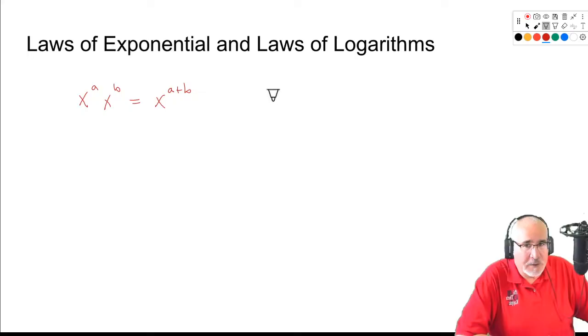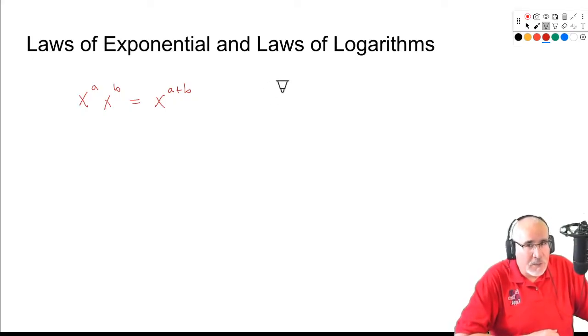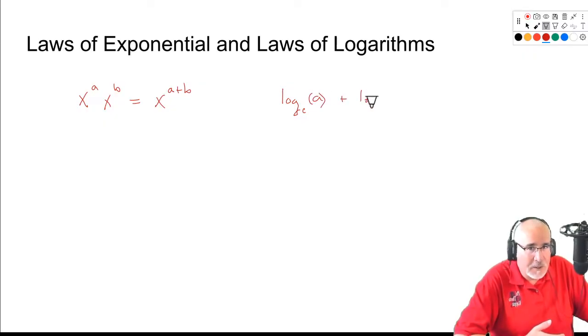Well, with logarithms, we have a similar property, but remember it's an inverse, so it's sort of backwards. And the way it works as being backwards is if we have log, let's call it base c, of a, plus the log of some base b, and it's key that these have to be the same base, that's going to be equal to the log base c of a times b.